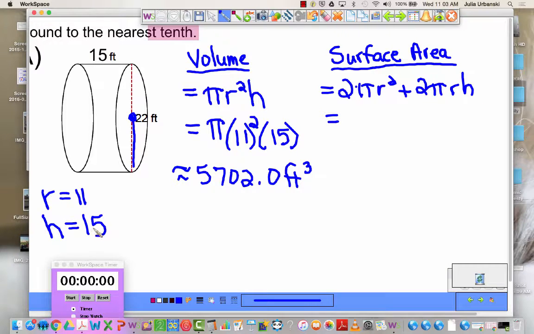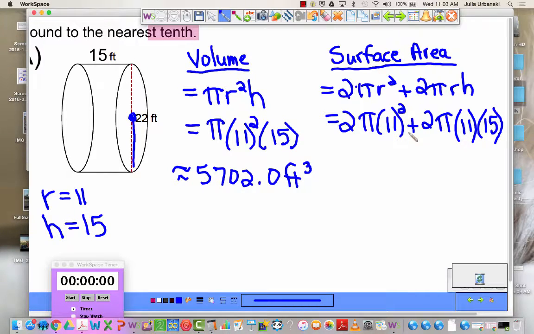It's just plugging in. So it's 2 times pi times radius squared, 11 squared, plus 2 times pi times radius 11 times height what? 15. Good.